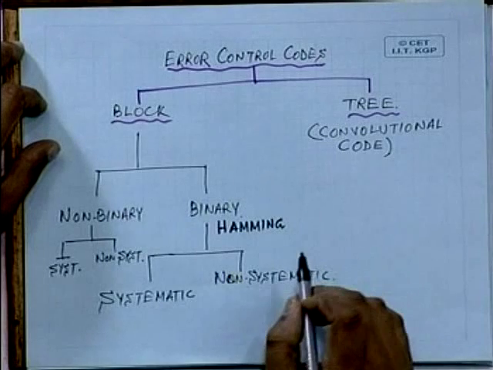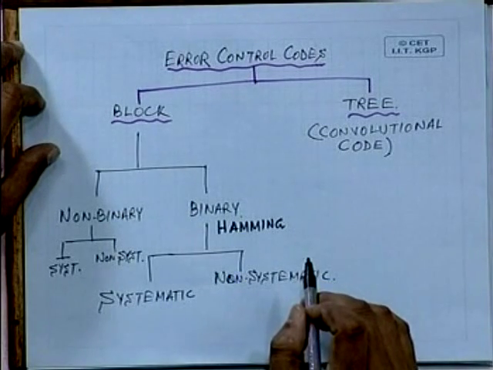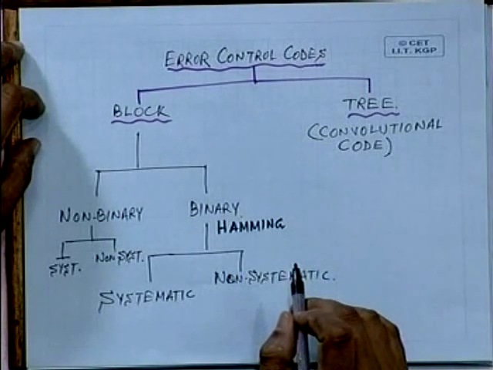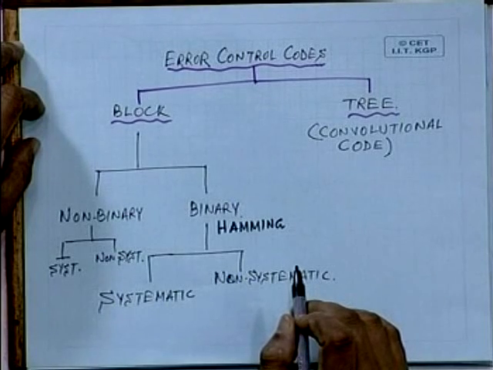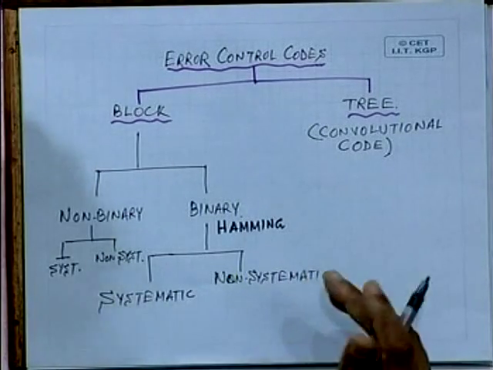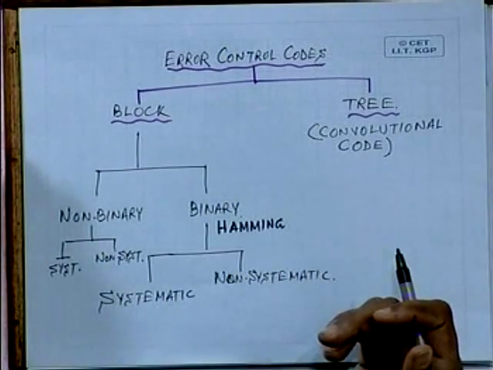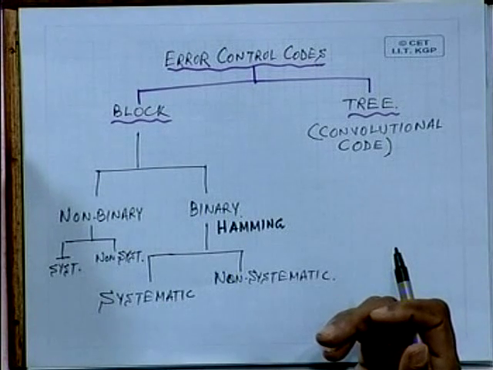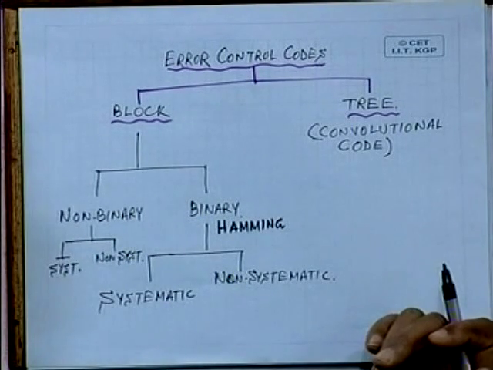Well, Hamming code may be both systematic as well as non-systematic. In fact, the original code that he had suggested was non-systematic in nature, but with subsequent development of theory, it was found that we can give a general nature to Hamming code.